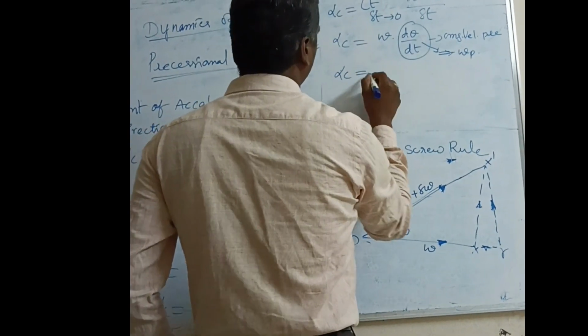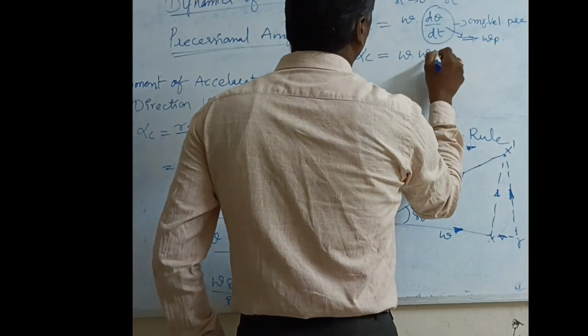So alpha c is equal to omega into omega p.